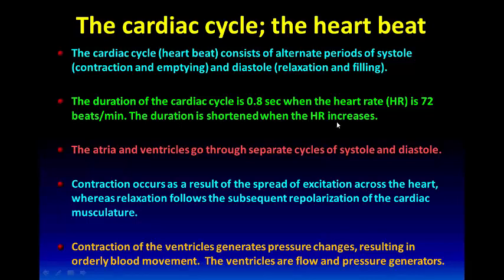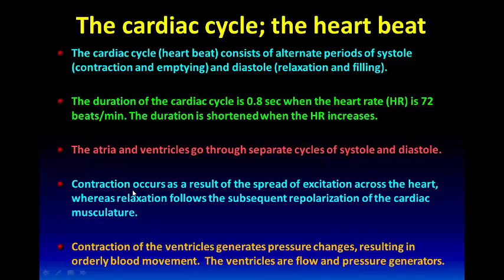It is important to note that the atria and the ventricles go through separate cycles of systole and diastole, and the importance of these separate cycles of systole and diastole of the atria and ventricles will be described in detail during these two lectures.